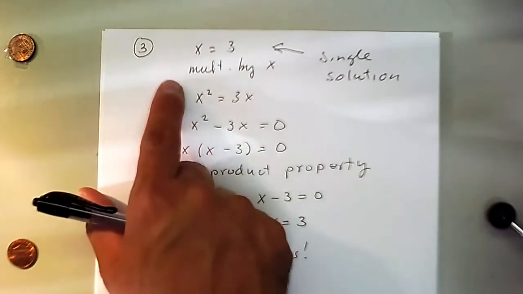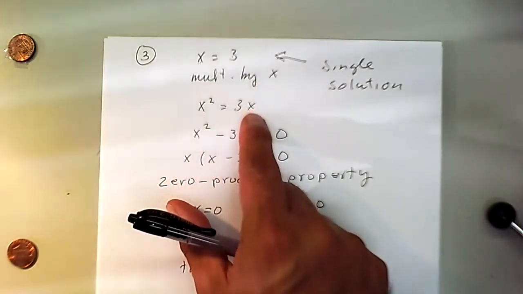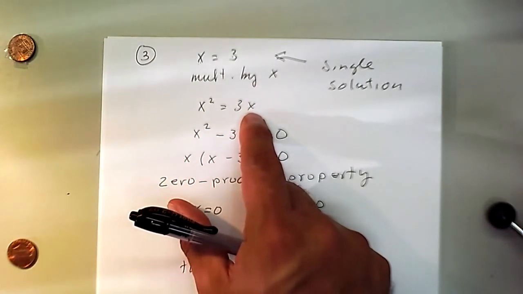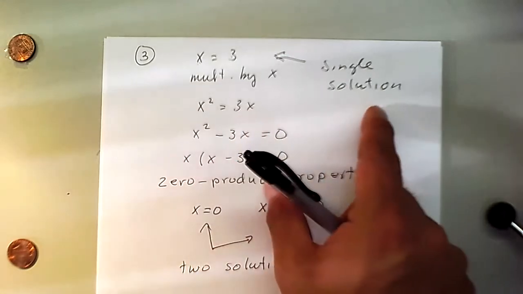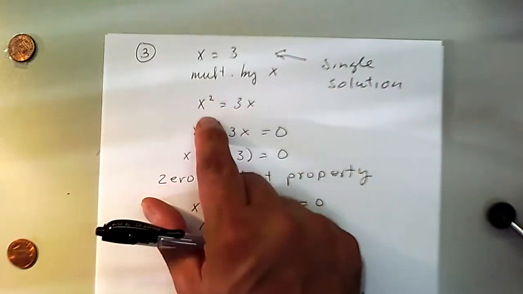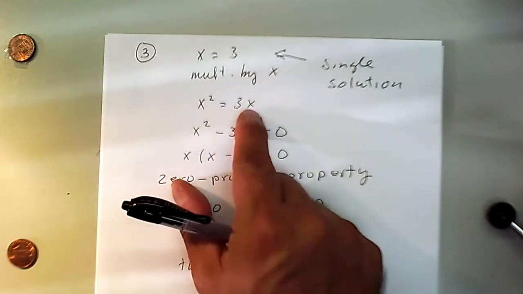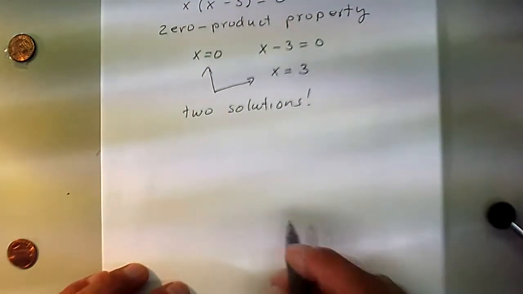Here is the problem. Multiplying by x caused us to have an extra number that could sneak up. Sometimes it does, sometimes it doesn't. So every time we multiply by a variable, we have to check. So that is the rule, the first rule.